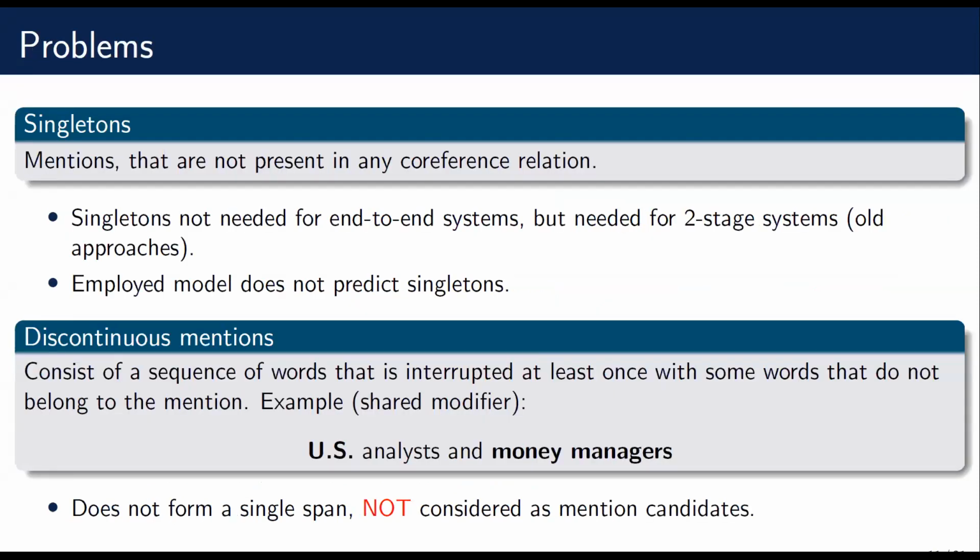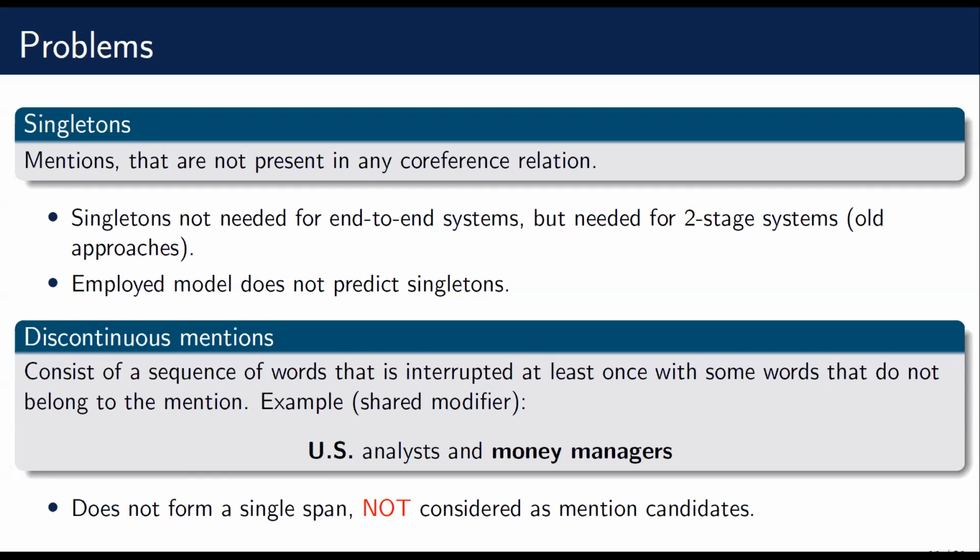Okay. So as I indicated in the previous slides, there are problems with singletons. These are mentions that are not present in any coreference relation. The singletons are not necessary for these end-to-end systems, but in the past there were models that worked in two phases, as I said in the beginning.